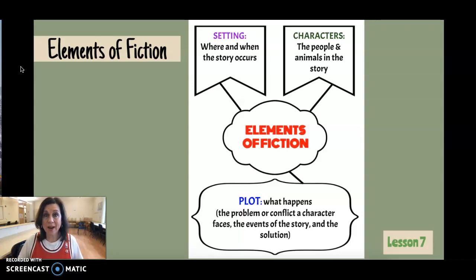It's what happens. It's the problem or conflict a character faces, or the events of the story, and then the solution. Remember the roller coaster: here's our problem, our rising action, climax, falling action, solution. We're going to be talking a little more about that when we come back from spring break.